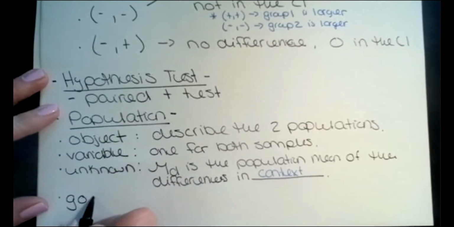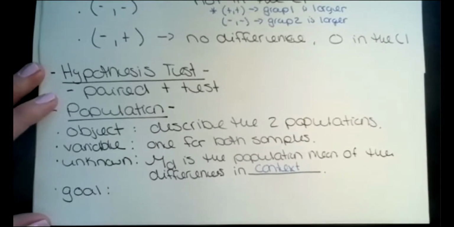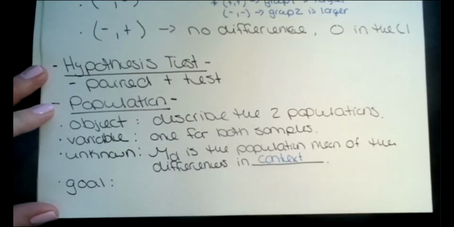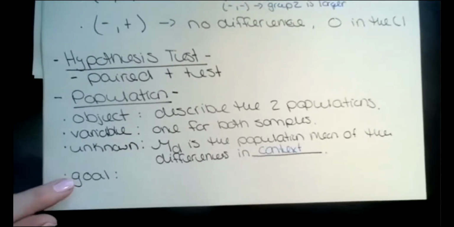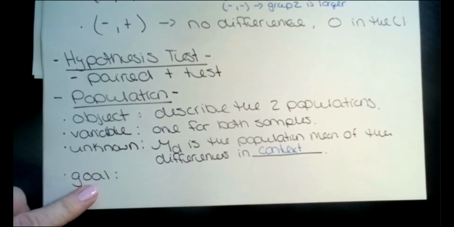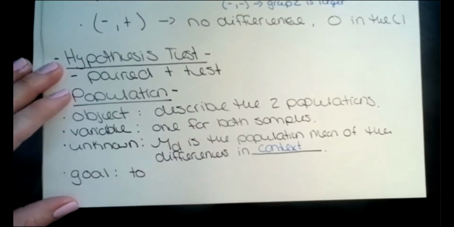And then of course, my goal is always to support my HA. And I want to think about what my HA would be. So when we're studying the difference of things, the null is always that they're the same, right? The HA is always that something is different, something has changed. So I want you to think about that. My goal is now to show that something is different. And the problem will tell us, right? So it will tell us if it's greater than, less than, not equal kind of thing.